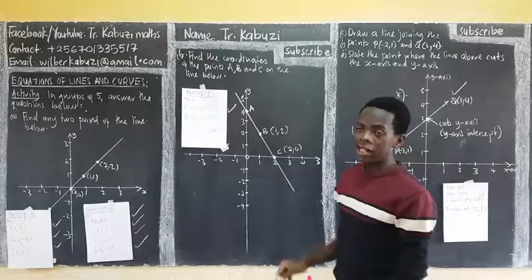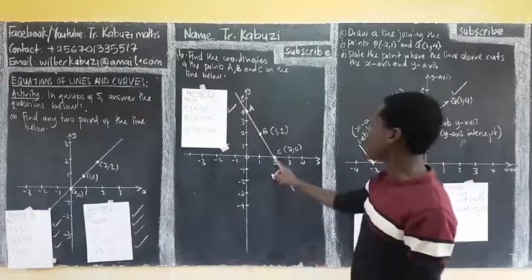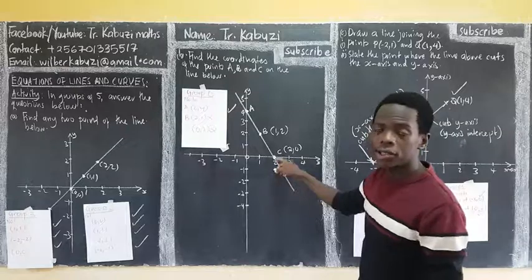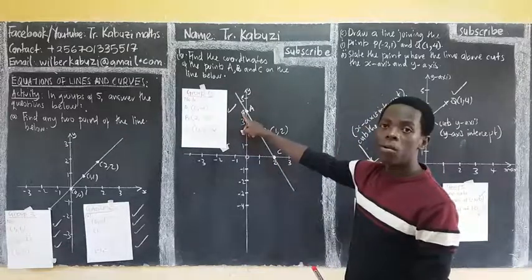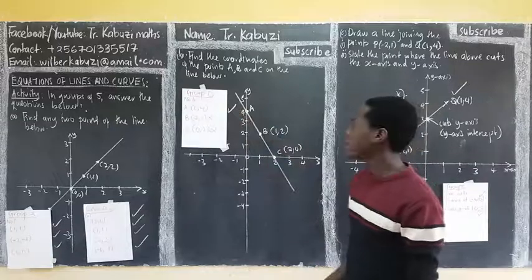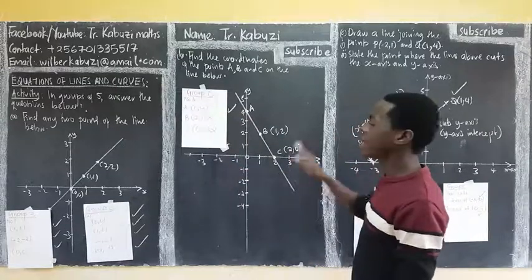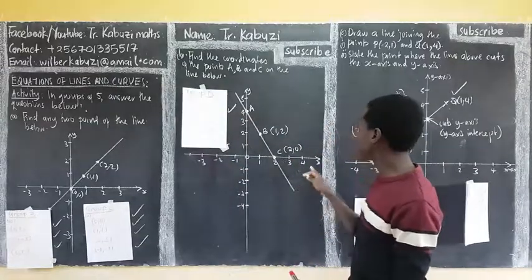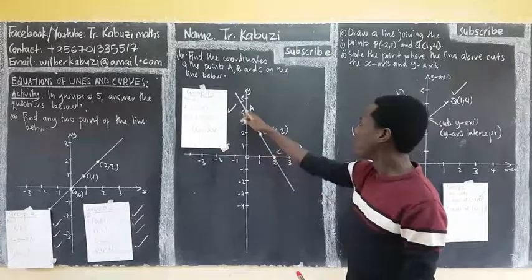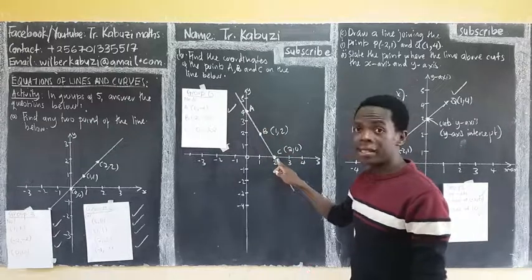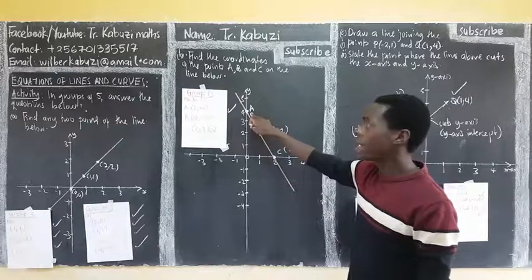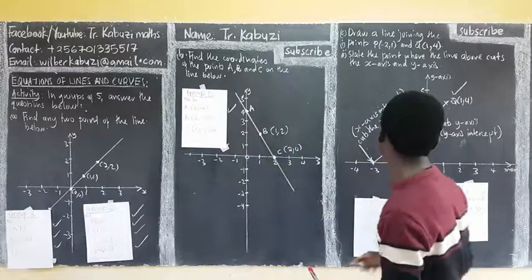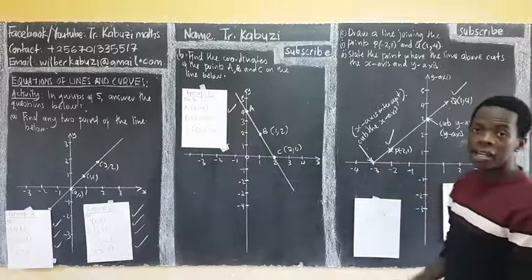So as long as the line is cutting or touching the x-axis, we call it the x-axis intercept. This one is the y-axis intercept. So they vary. It can be this side, it can be this side, as long as it's touching the x-axis. So for this line, this will be the x-axis intercept. Then this will be the y-axis intercept. But now for this one, there are different lines.